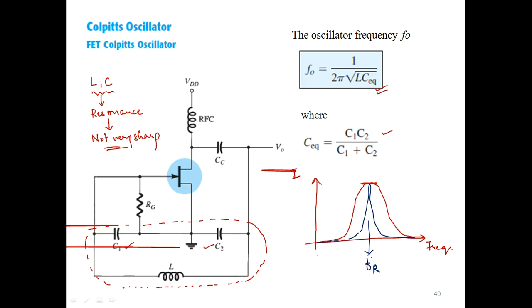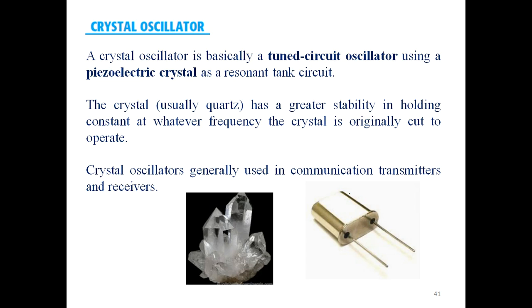Now ideally we prefer such a kind of resonance, but practically using LC circuits it is not possible, because they are all passive elements and there will be some loss happening between the reactances of the inductance and the capacitances. So in order to avoid that particular problem, we are preferring a crystal oscillator.